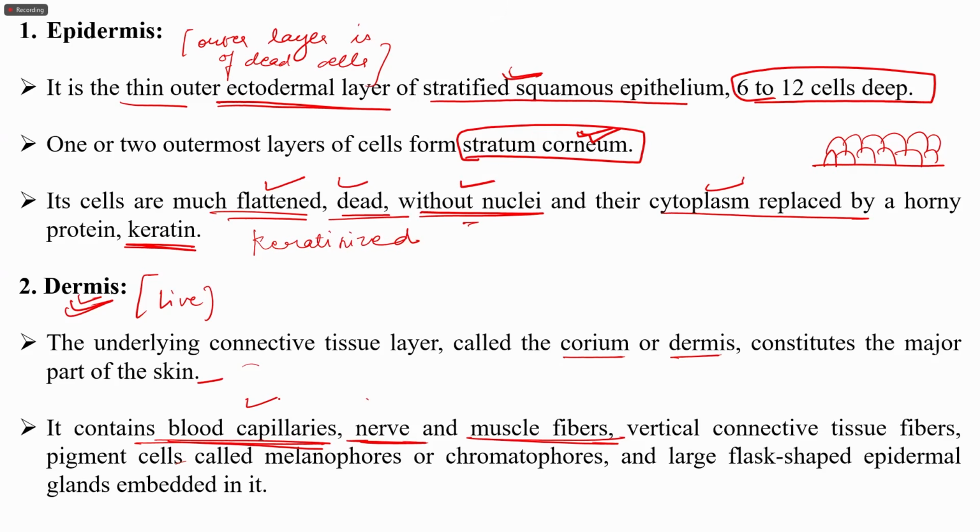They have a supply of blood capillaries, nerve endings and muscle fibers, vertical connective tissue fibers, pigment cells called melanophores. Melano means pigment, related to pigment, or chromatophores. And large flask-shaped epidermal glands are embedded in it. These are usually the mucus glands.